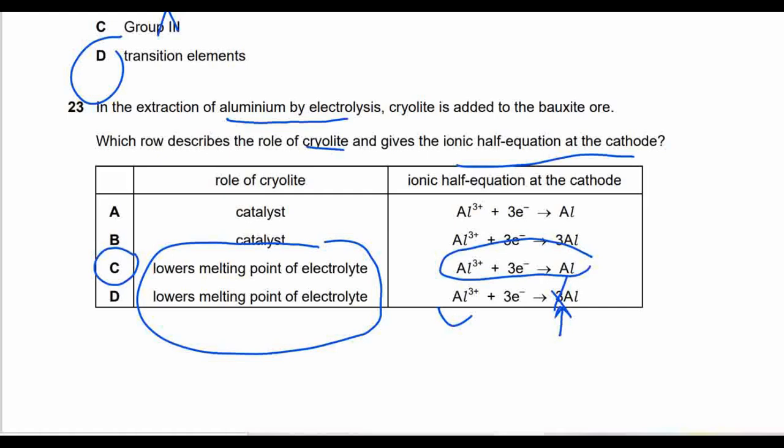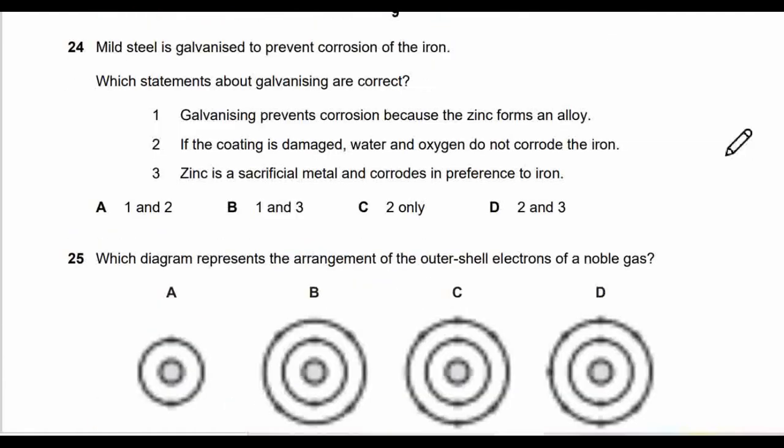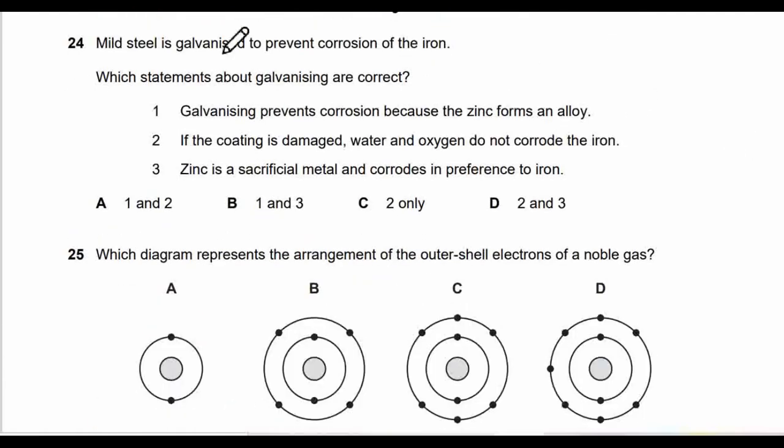Question 24. Let's move on. Mild steel is galvanized to prevent corrosion of the iron. Which statements about galvanizing are correct? Galvanizing prevents corrosion because zinc forms an alloy. No, because zinc is more ready to react, it does not form an alloy. So 1 is wrong.